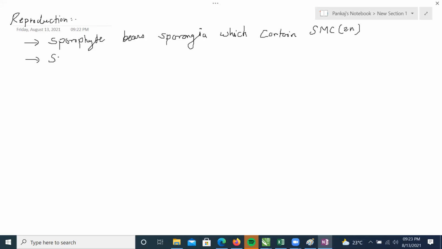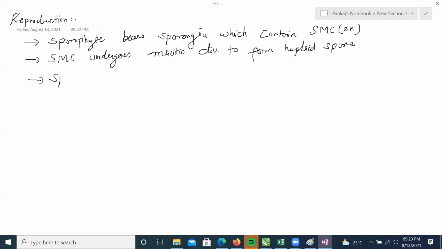Now, what happens is that the spore mother cell undergoes meiotic division to form haploid spores. Right?